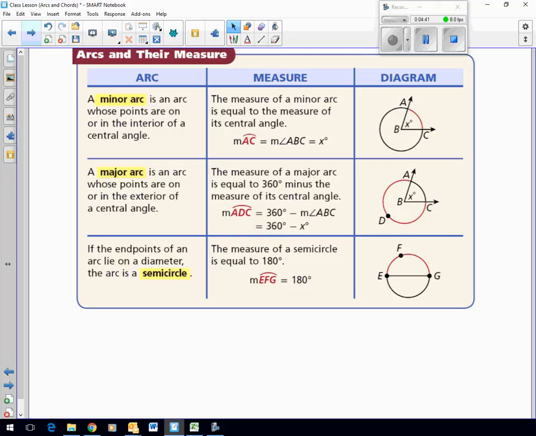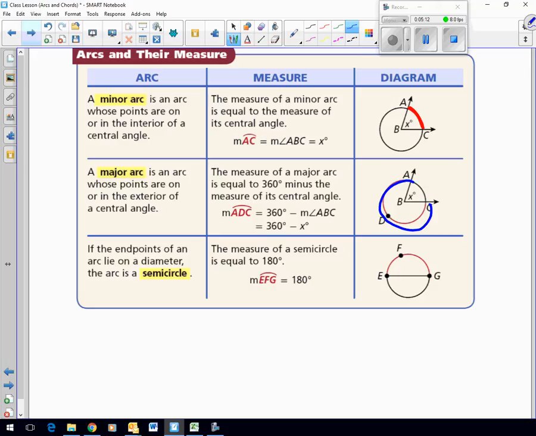Here's what I'm saying. If I wanted to know the measurement of arc AC, I would be going along central angle ABC. If I wanted to know the measurement of major arc AC, I'd be going this way, A to D to C. When you hear the words major and minor, which one is typically associated with bigger?